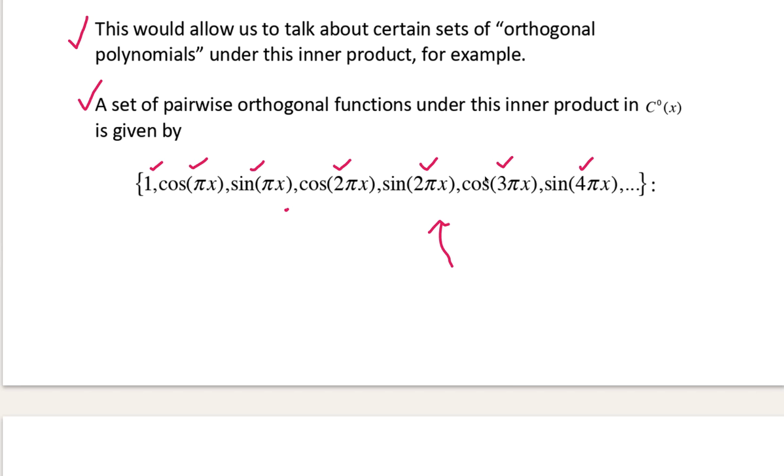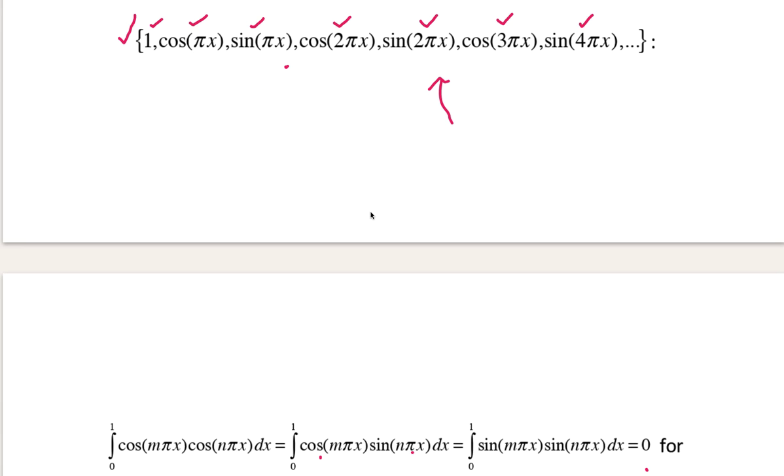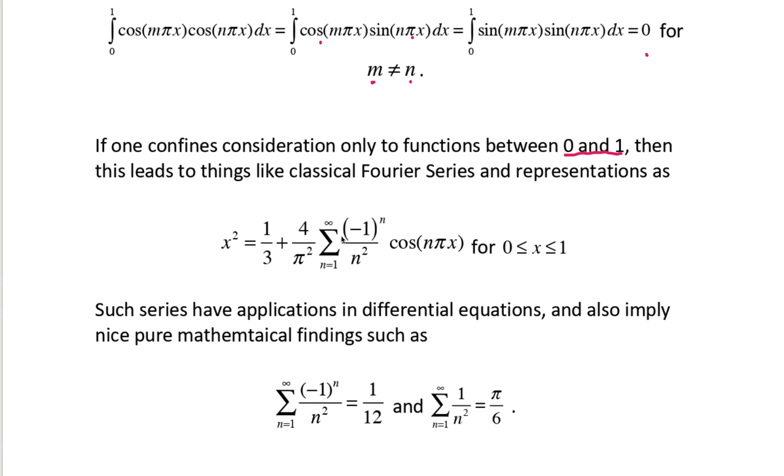Okay, so we represent continuous functions. Well, I tell you this idea is extended. It's more than just continuous. But continuous functions on the interval from 0 to 1, we can write them as linear combinations of elements from that set.